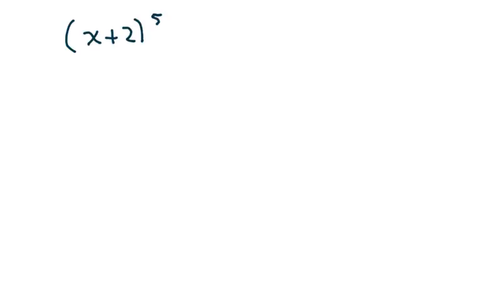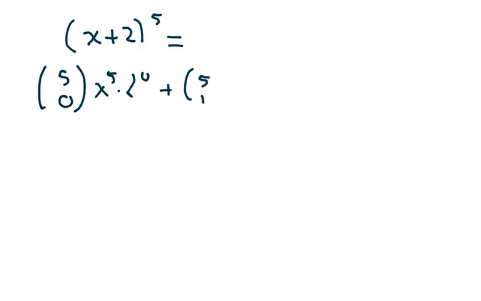Now I'm going to try to write small, but basically this equals, and the way you're going to write it is you're going to use 5, 0, x to the fifth, and it's going to be times 2 to the 0. So then we're going to do plus 5, 1, and then you're going to go down on your x's.